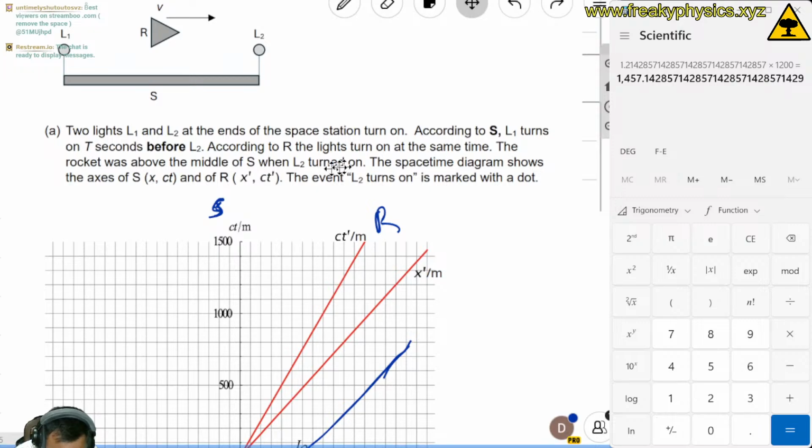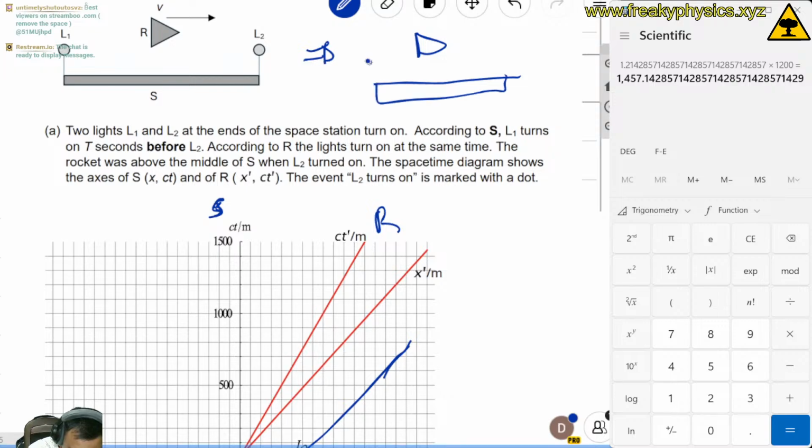Okay, so when L2 is turned on, so basically according to R, let's just do this in terms of R. Let's redraw this in terms of R. This is our rocket, and basically the two lights are moving with a velocity v going this way, right?